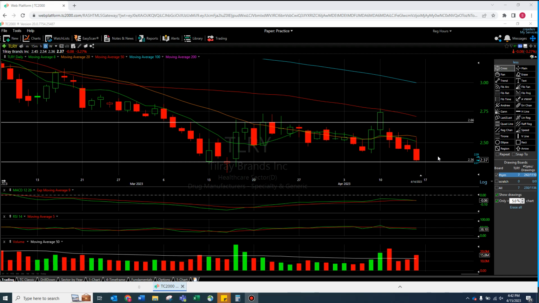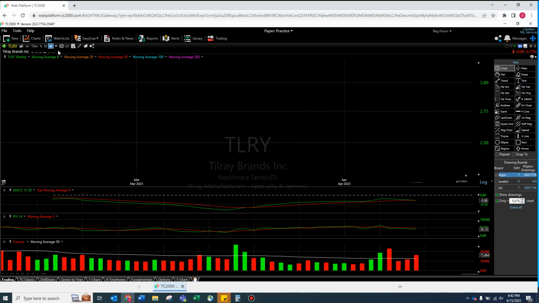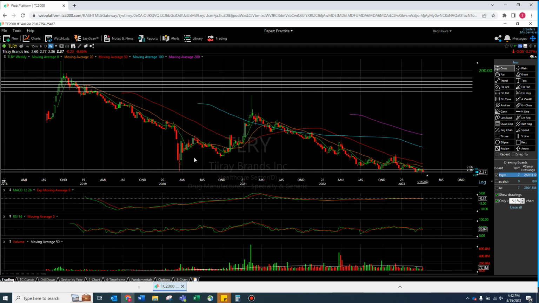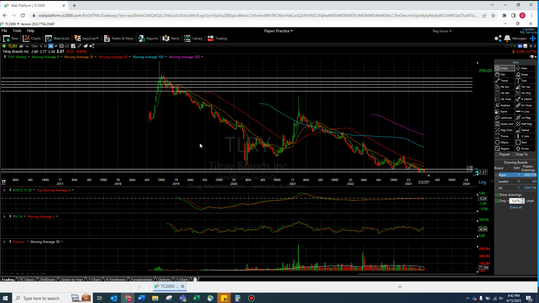And here's what the real problem is, and it's a little easier to see on the weekly. This 2.36 line is now our all-time low support line. If we fall below this, oh my goodness, I hate having money in all-time lows.